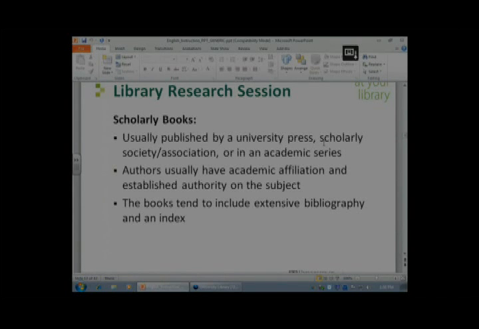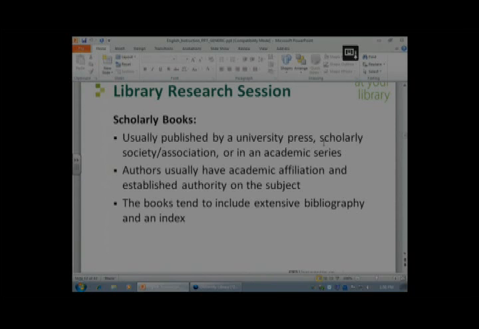Authors of scholarly books usually have that academic affiliation, even more so than on the journal article side. And I'll say they're established authorities on the subject, more often than not, certainly most of the time. What that basically means is that in academia, the book is still pretty much king.